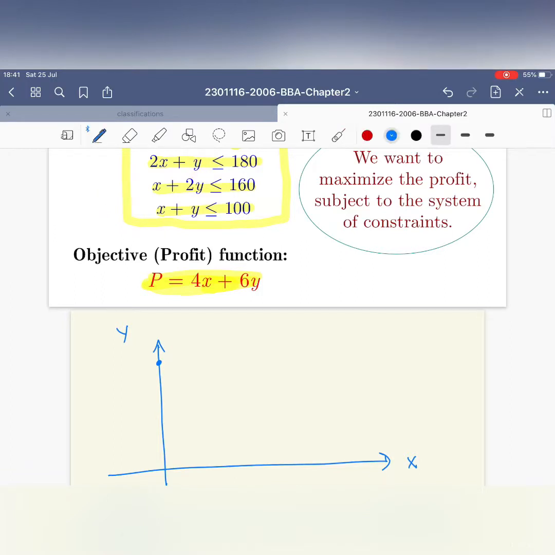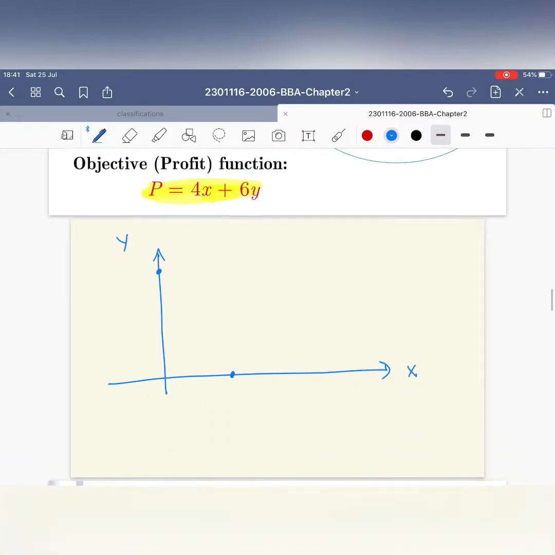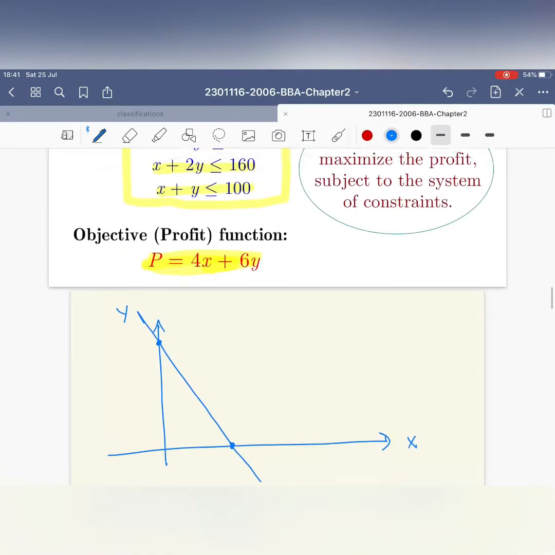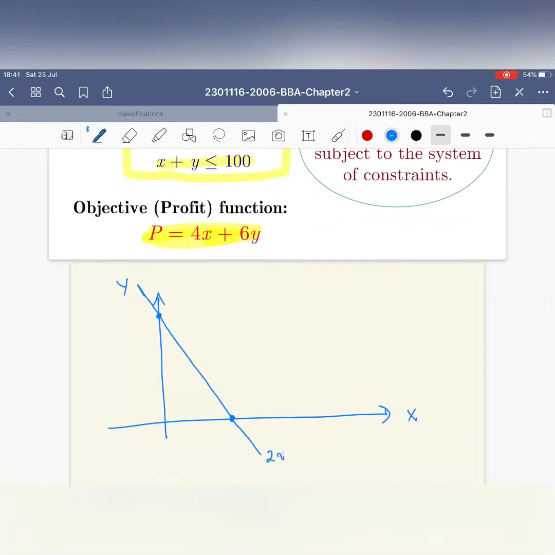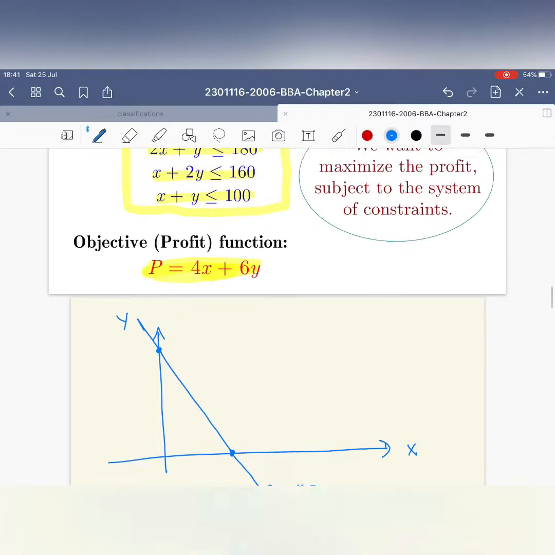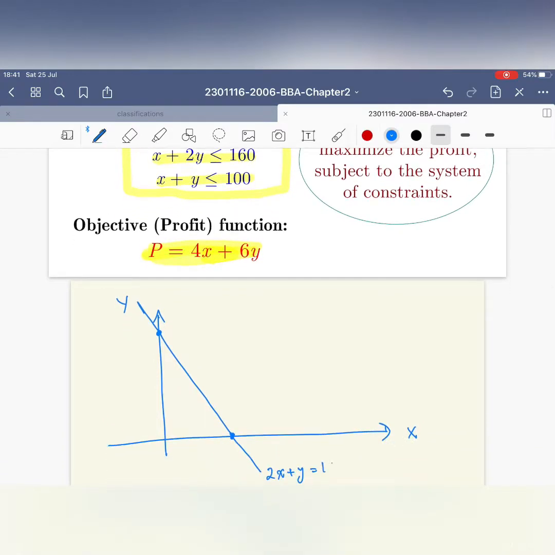So 90 is right here. Actually, this is the line 2x plus y equals 180.